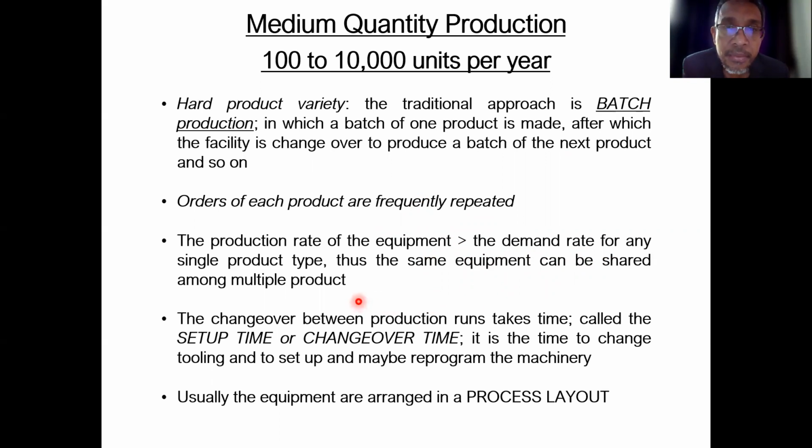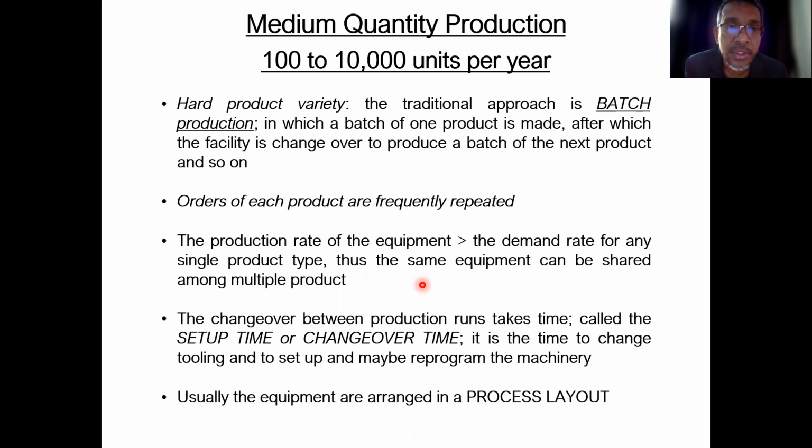So normally they use the same machine to produce, but they need to change the special tools like jigs, toolings, to do a suitable process for the product variation.